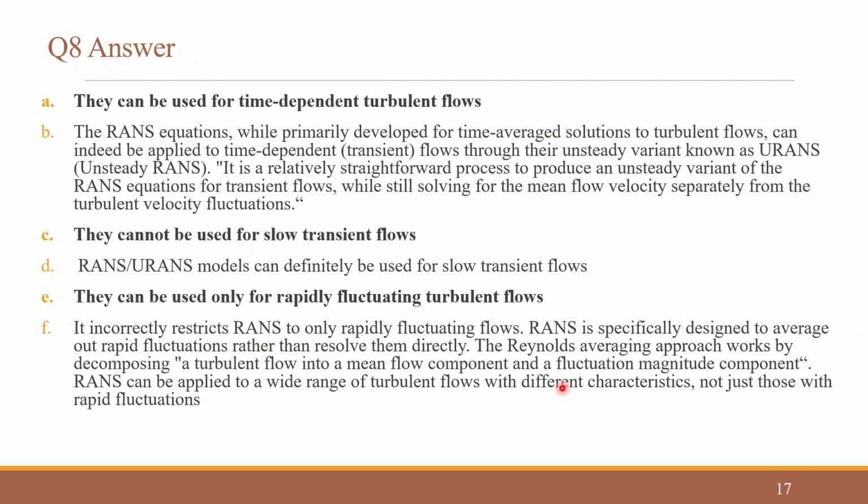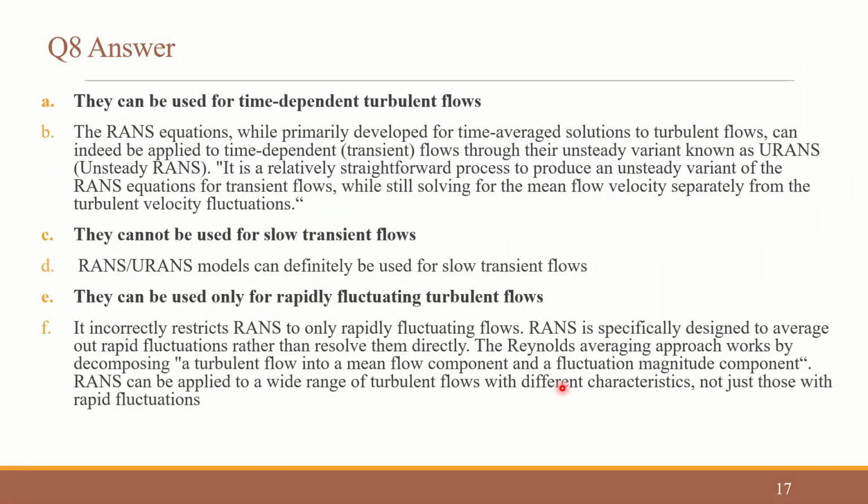One is the mean flow component and the next one is the fluctuation component. By doing this, we can apply it to a different range of turbulent flows with different characteristics, not just restricting to those with rapidly fluctuating turbulent flows.